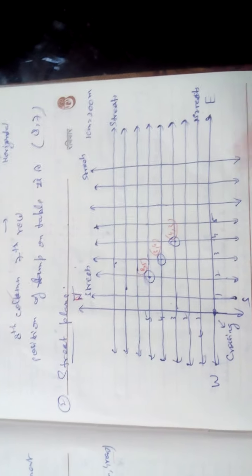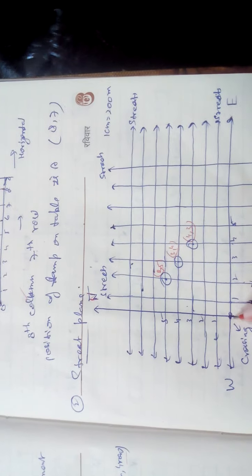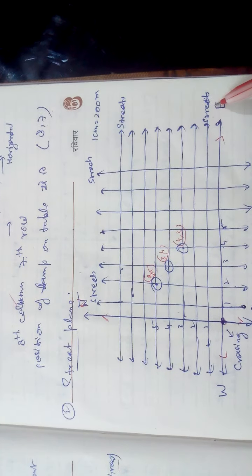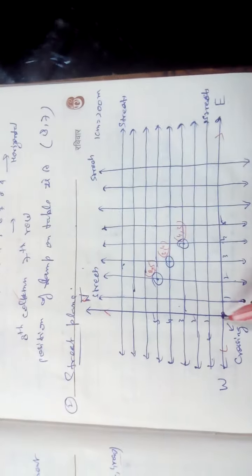How will you plot? First of all you draw the north and south direction, here it is south and here it is north, and then east and west. The crossing is where the two main roads meet.